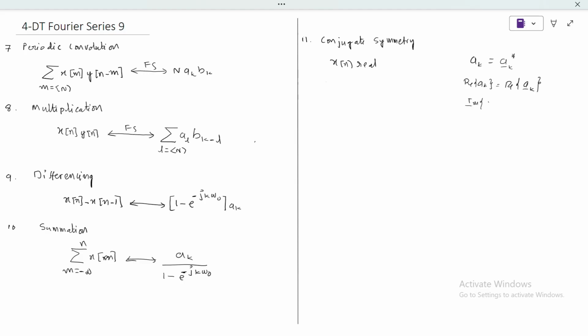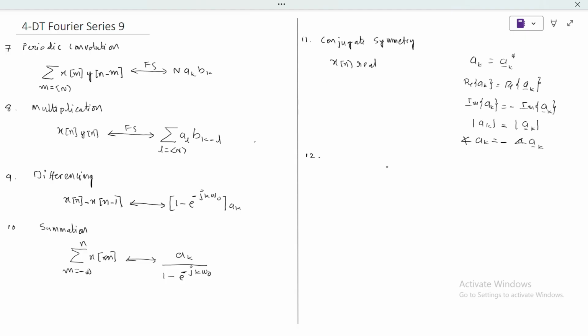Similarly for the imaginary part, but the imaginary part gets a minus sign. The magnitude of ak equals the magnitude of a minus k, and the angle has a 180 degree phase shift, so the angle of ak equals minus the angle of a minus k. So this is the conjugate symmetry. You should remember all this. You will get a question from this topic.